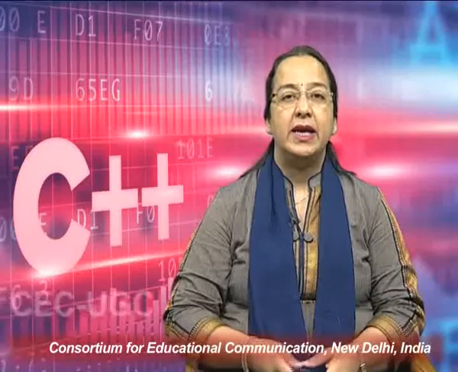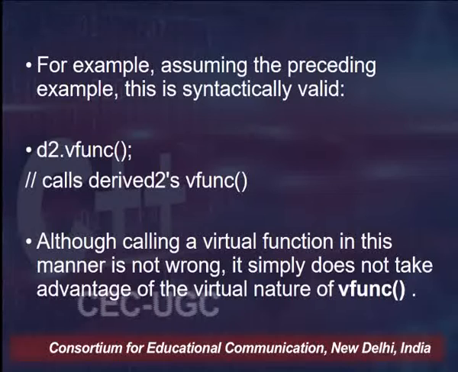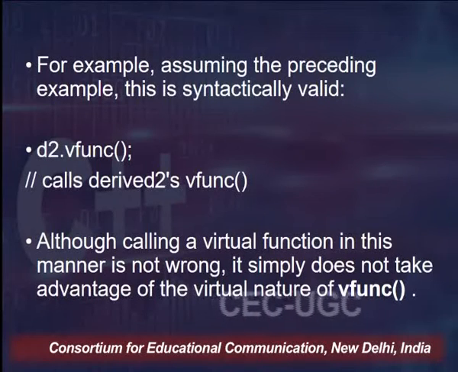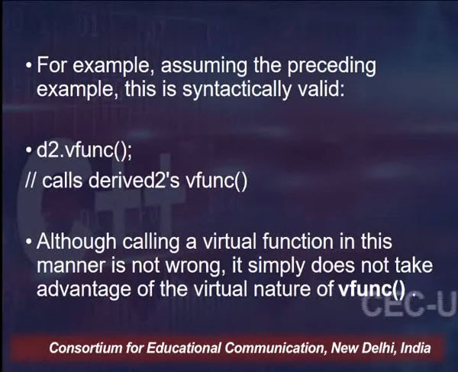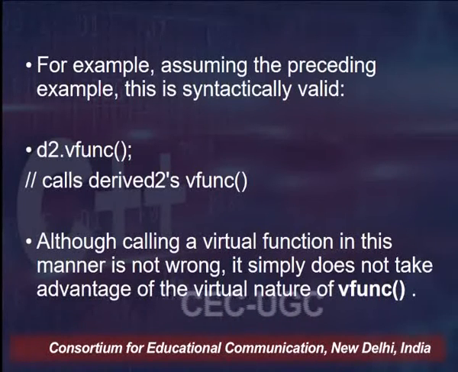So basically, if we have an object of the class derived 2, and we try to access d2.vfunc, it is also going to call the derived vfunc, but calling a virtual function in this manner does not take advantage of the virtual nature of vfunc.